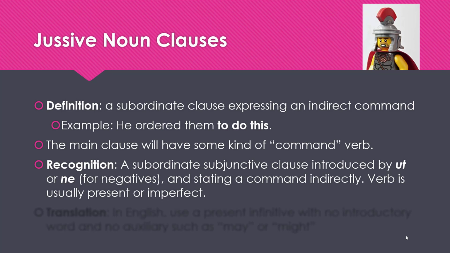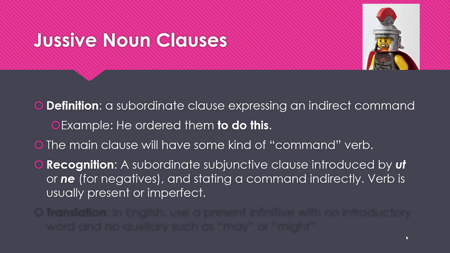If you see a command verb, the next thing to look for would be a subjunctive clause, a subordinate subjunctive clause that's introduced by ut for positives or ne for negatives, commanding someone not to do something, and stating a kind of command indirectly. The subjunctive verb is usually present or imperfect. Usually, like most of the time. Painting with a broad brush, that would be what to expect.